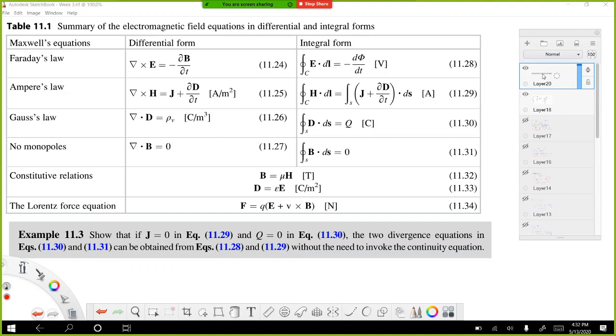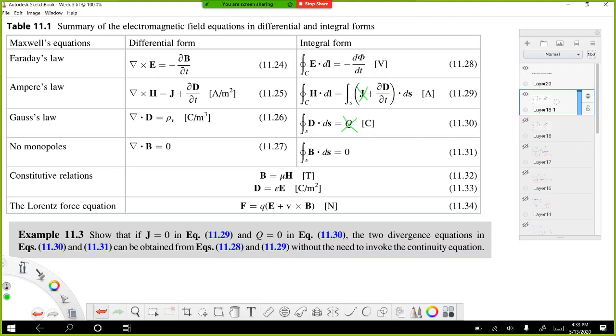We are given that j equals 0, q equals 0. It means in 1129 j is given as 0, and in 1130 q equals 0.